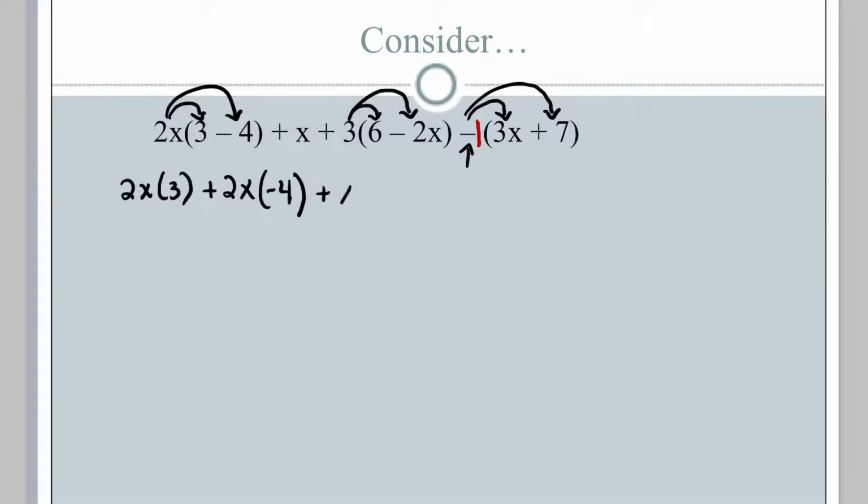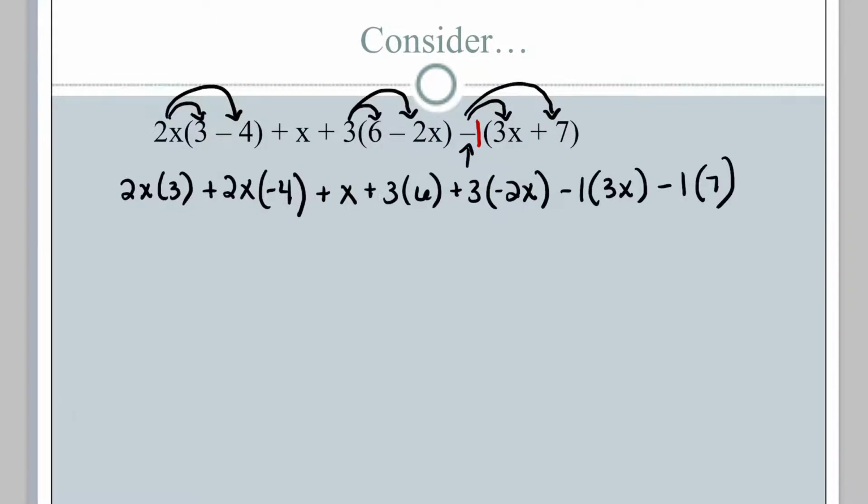We didn't do anything to change the x, so we'll just drop it down. Plus 3 times 6, plus 3 times -2x, minus 1 times 3x, minus 1 times 7. So all I've done is distribute it, and I've written it out in total how I distributed it.